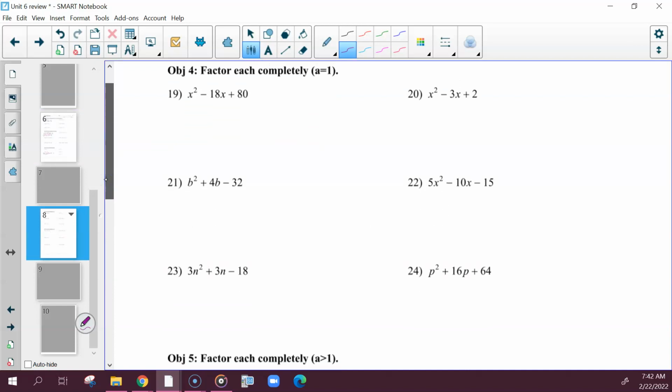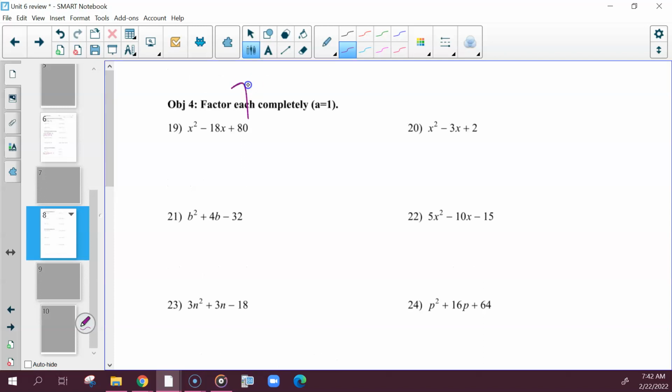Okay. For 19, there are ones that have a GCF that you have to factor out and then ones without. But you're looking for 2 numbers that multiply to be 80, but add to be negative 18.